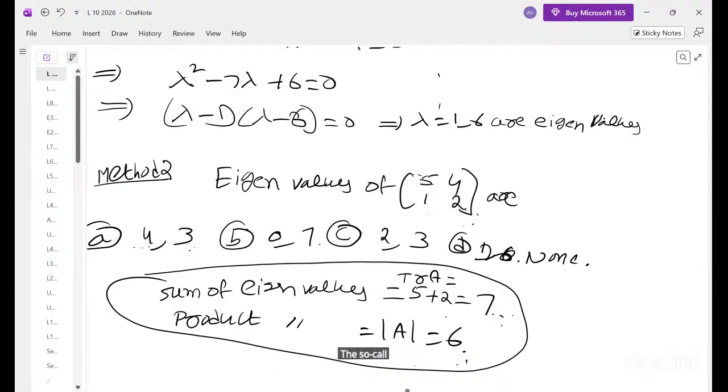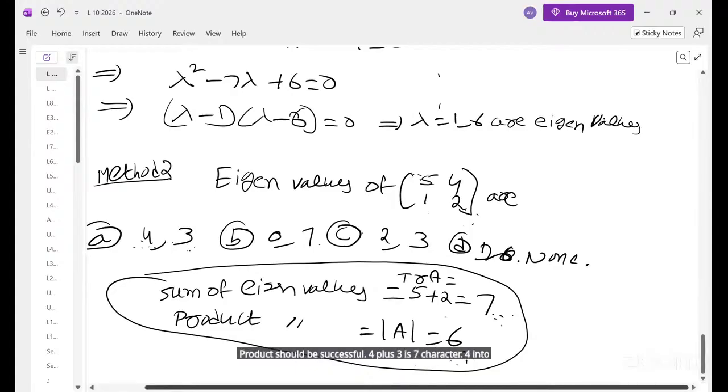The so-called intelligent. So be careful. Product should be 6, sir. 4 plus 3 is 7, correct? 4 into 3 is 12, which is not equal to det. If at all they are the eigenvalues, their sum should be equal to 7, their product should be equal to 6. It is not satisfying. Product should be equal to 6 here, the determinant, but it is not satisfying. So this cannot be the option.